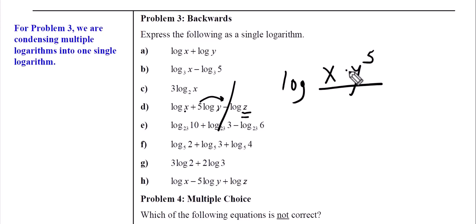Why? Because it's adding. Addition is multiplication. If this had a 5 and this had a 5, then you could do that. But we don't have that. So don't do that. Great. And what goes on the bottom? The z.